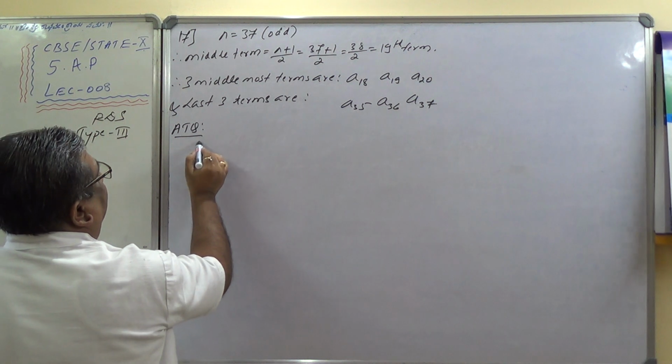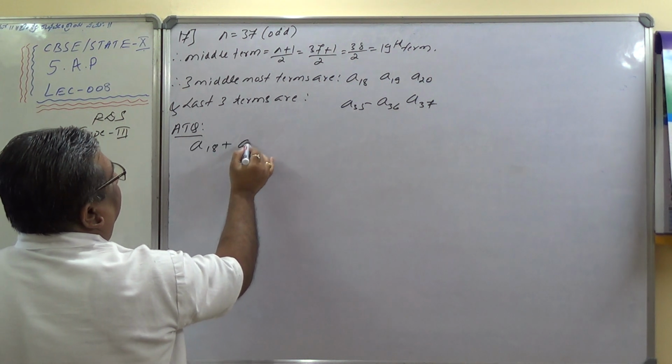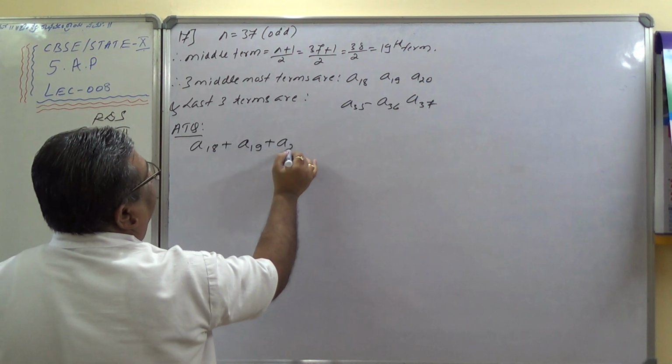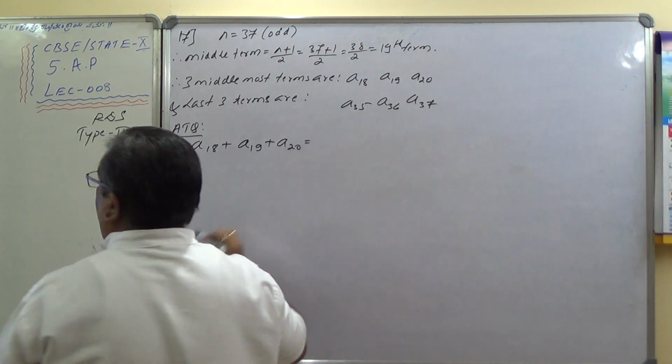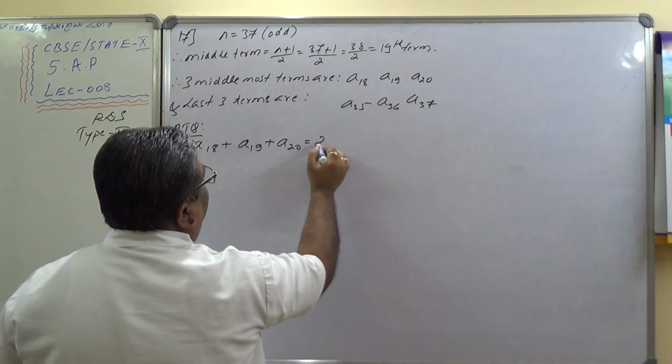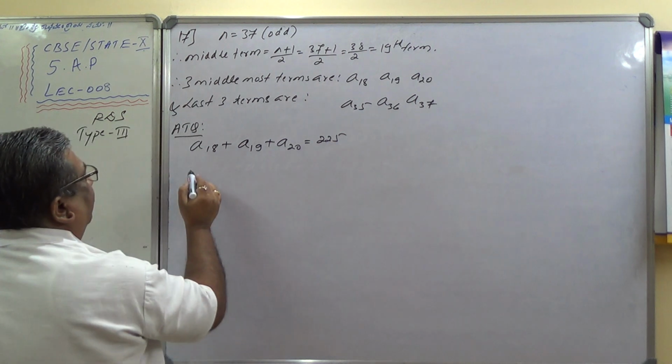According to the question, A18 plus A19 plus A20 equals 225. So we'll solve this one.